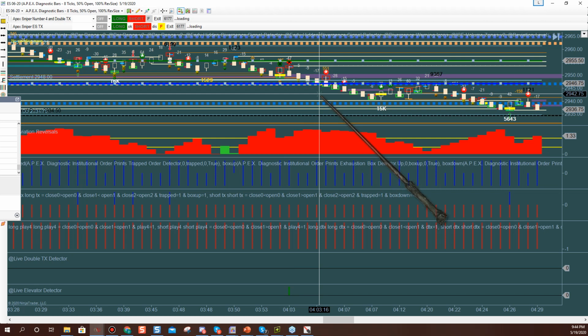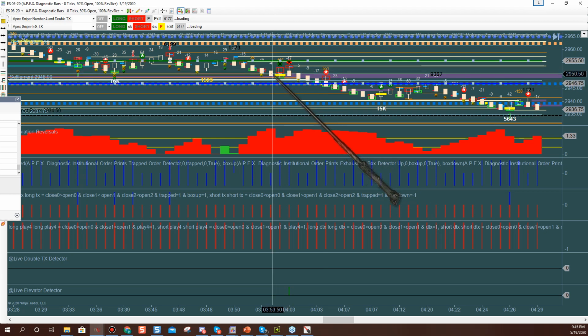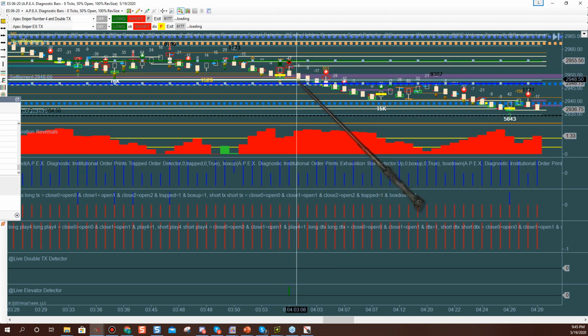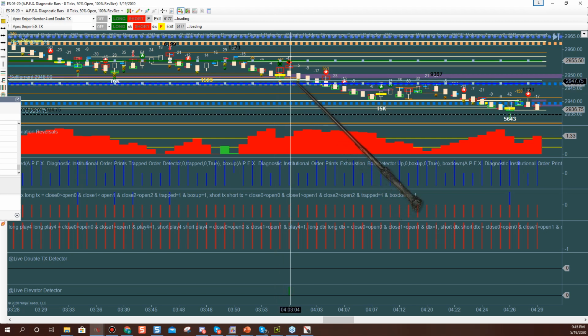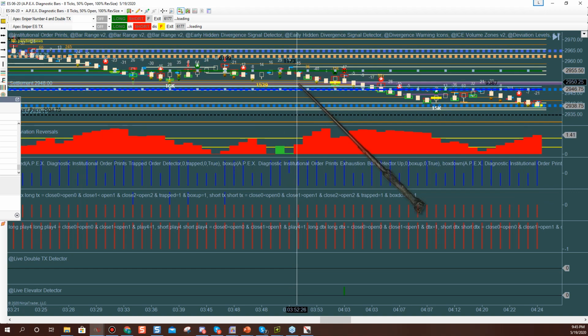Up, down, up. Right, so down, up, down, right? No, because we got a paw. We have a mini magnet. We have a wall. We have a ZOI. It's stacked up like crazy.